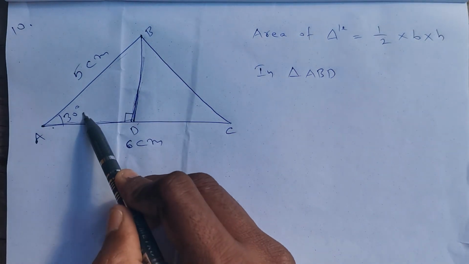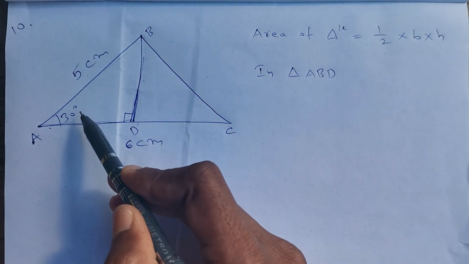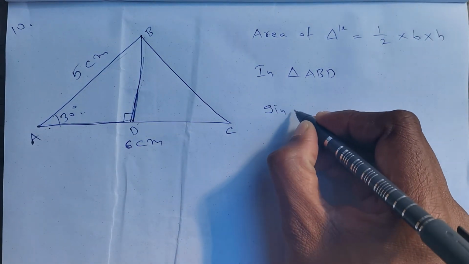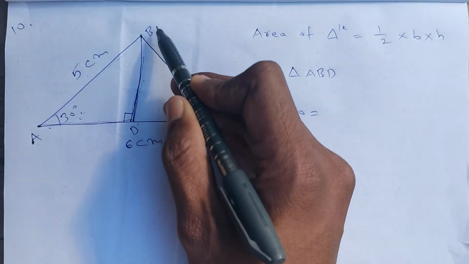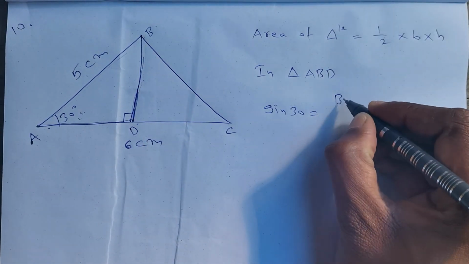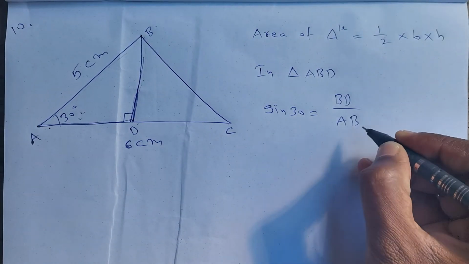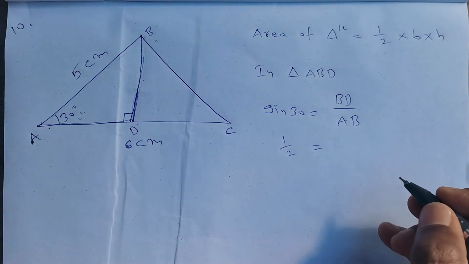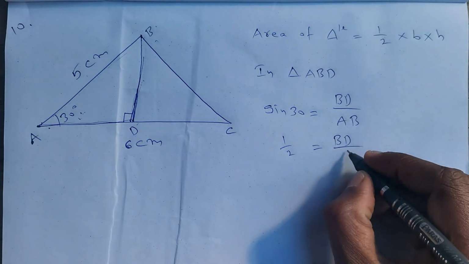Okay, now angle is there, here opposite, here hypotenuse. Angle, opposite, hypotenuse, that is sine. So sine 30 degrees is equal to, for 30 degrees what is opposite? BD divided by hypotenuse AB. Sine 30 value 1 by 2, which is equal to BD, which is not given so we need to find out, divided by AB, which is 5.